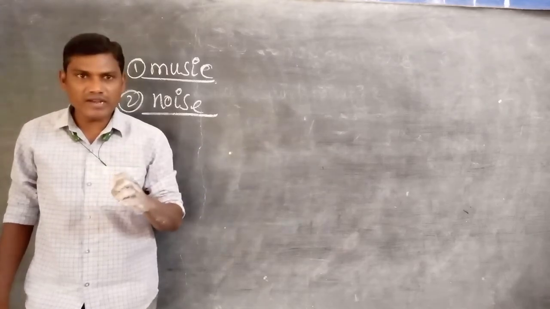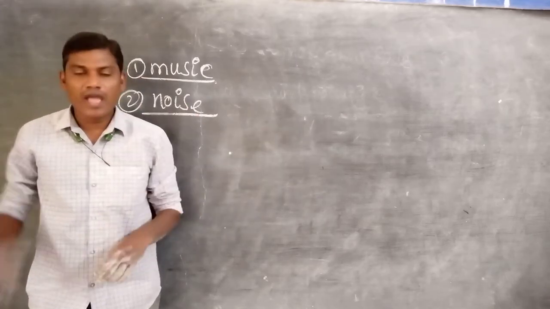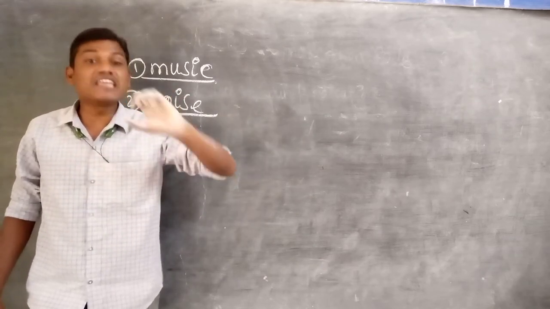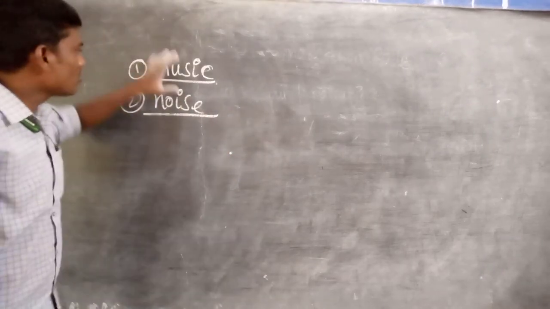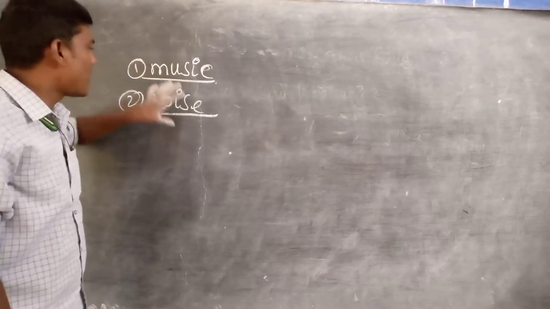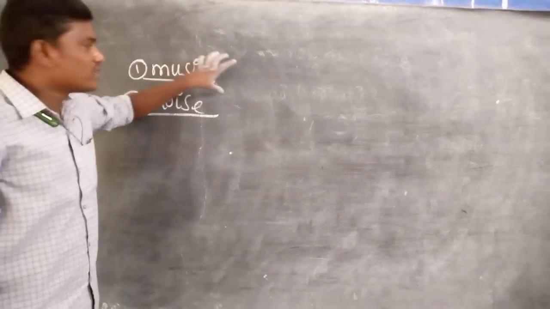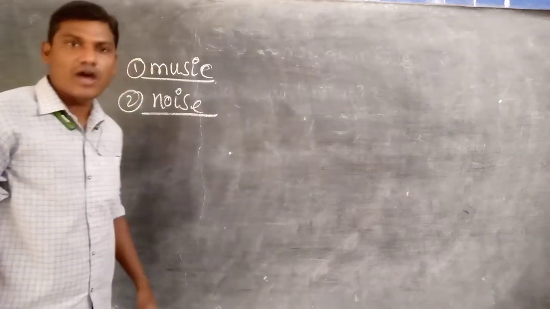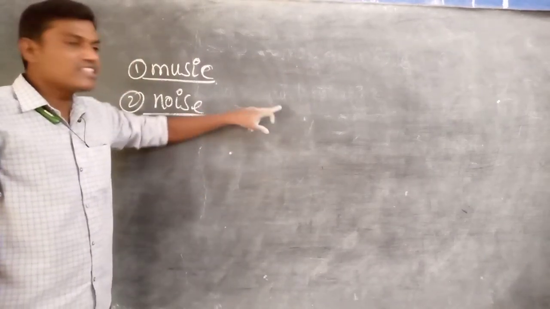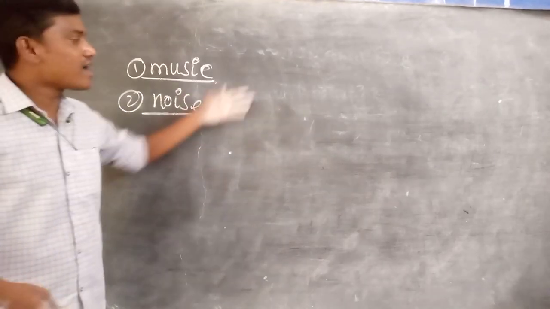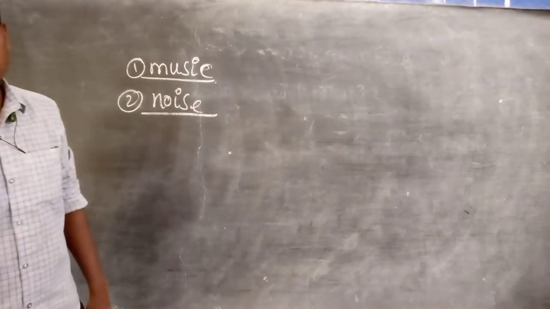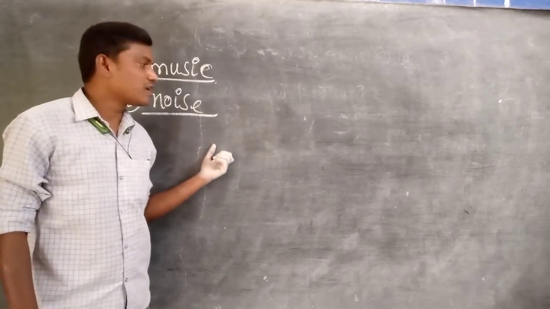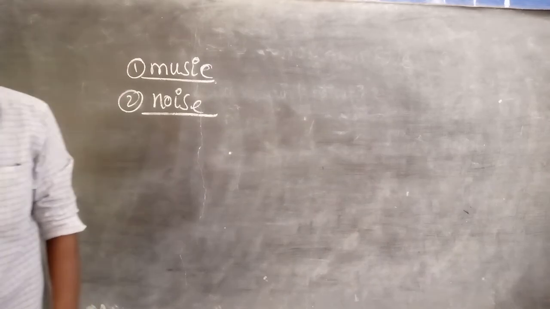Noise is nothing but irritation. An unpleasant sound causes irritation when you hear it. So the difference between music and noise is that a pleasant sound is called music, and an unpleasant sound is called noise. That's why making noise causes irritation and also sound pollution. So this is a brief idea about music and noise in the chapter on sound. Thank you.